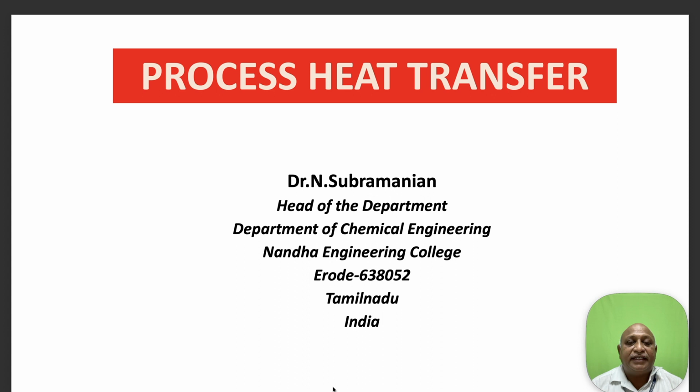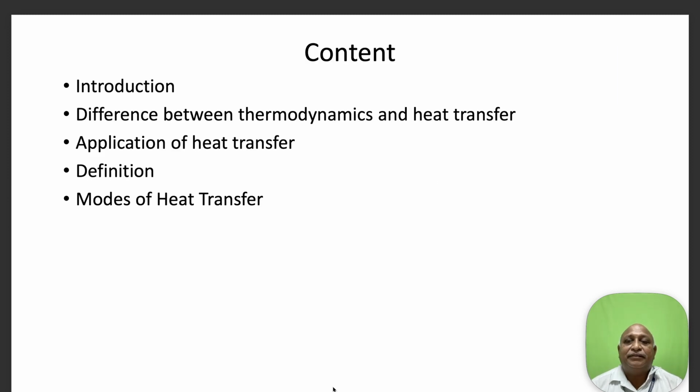This lecture series is on process heat transfer, which is useful for UG Chemical Engineering and allied disciplines, and also for Diploma Chemical and Petrochemical students. These are the contents I am going to cover in lecture 1.